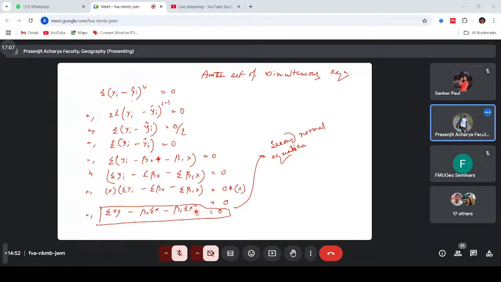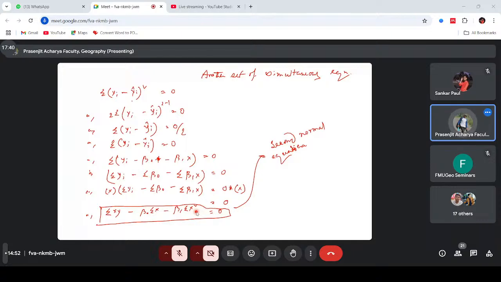In another way, we can divide the whole term that we have seen earlier, right? This part, so summation of y minus beta 0 n. If we just multiply the whole term by 1 over n on the left-hand side and the right-hand side, what we get is summation of yi over n minus beta 0 n over n minus beta 1 summation of xi over n.